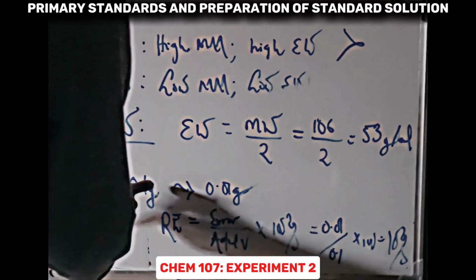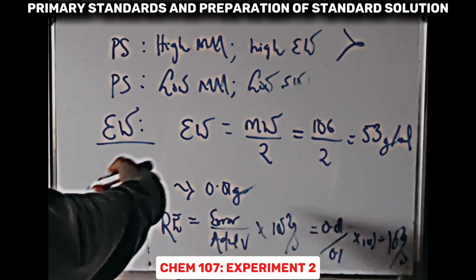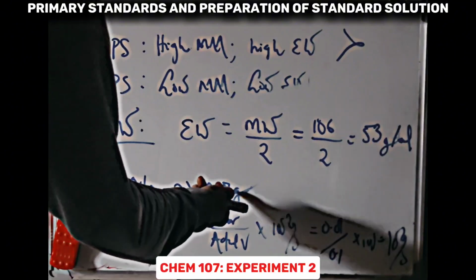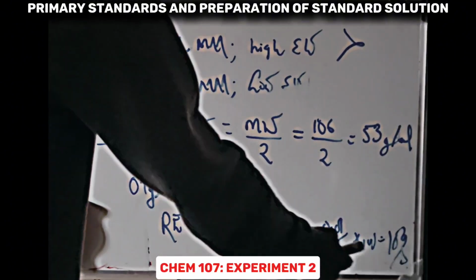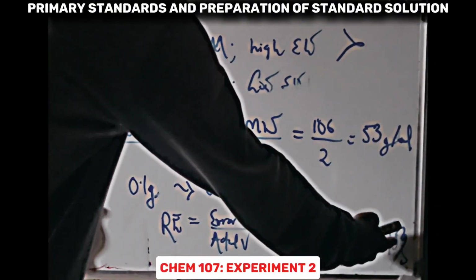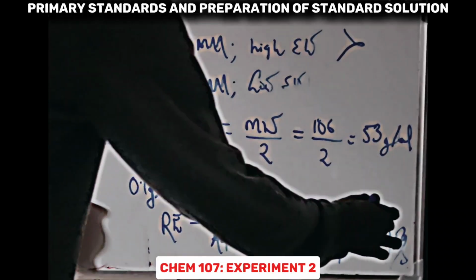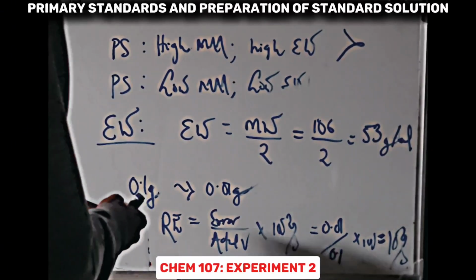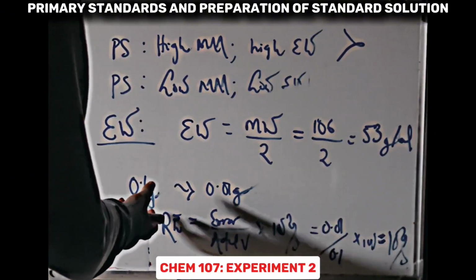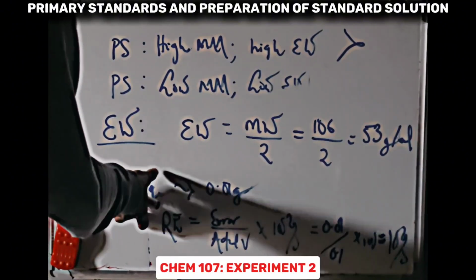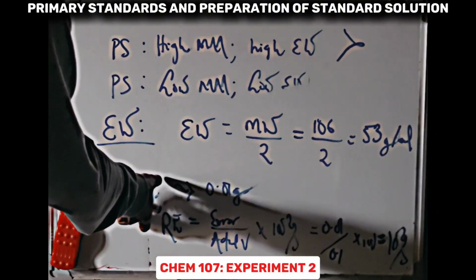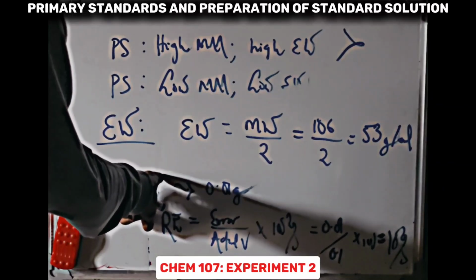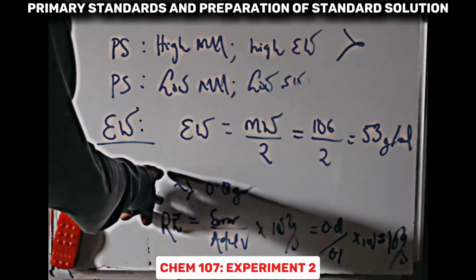Can you see? This is a very small amount of equivalent weight being weighed, and you're having this sort of error. It means your relative error will be so significant. 10% is so much. It's a big error because you have a low molecular mass and low equivalent weight of your primary standard.